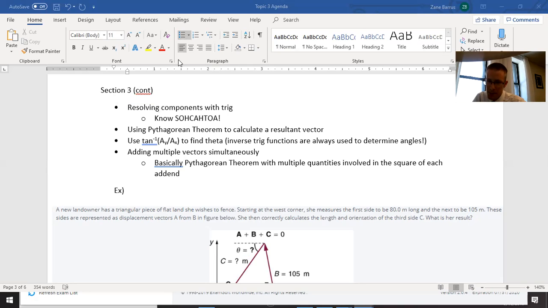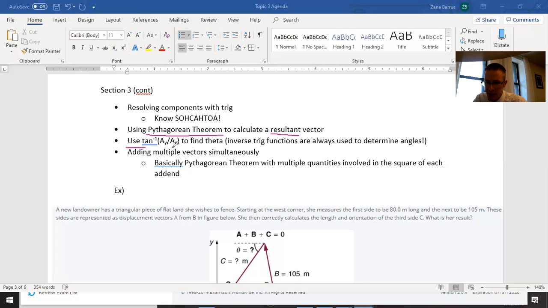So review that. Remember that you can always use Pythagorean theorem to figure out a hypotenuse if you ever want to calculate a resultant vector. Resultant vector is just a catchphrase for, hey, what's my total as the crow flies distance? Okay, you can do that by doing a squared plus b squared equals c squared. That's your hypotenuse.